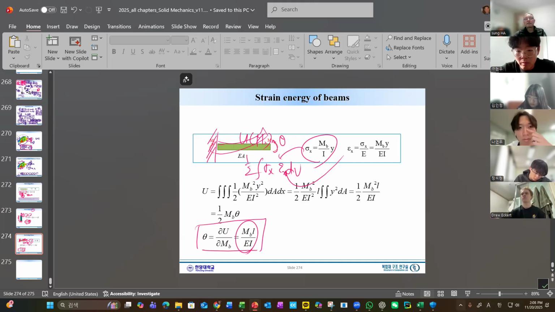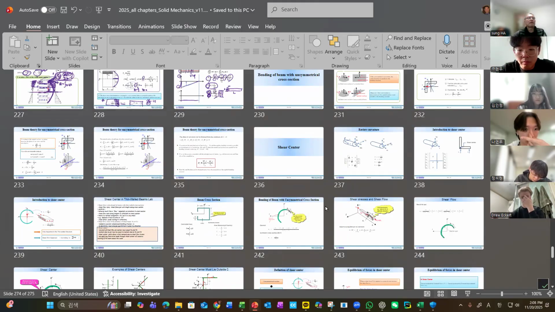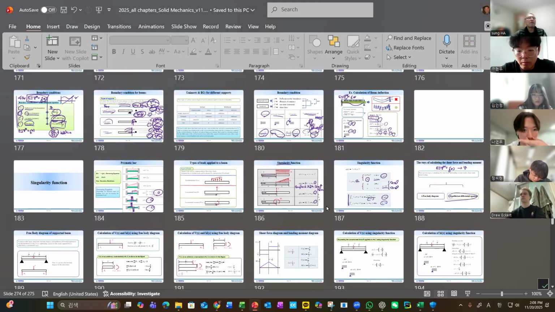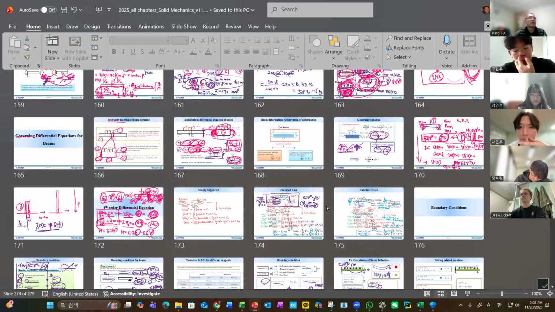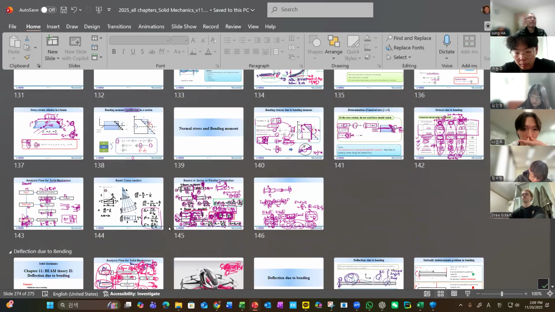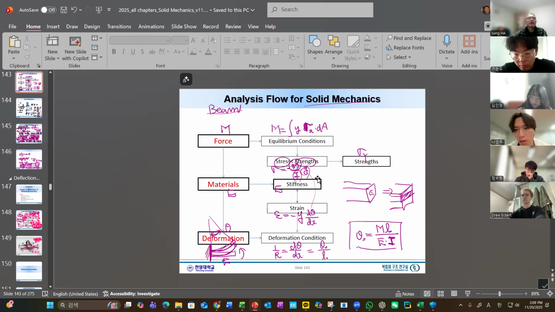I just like to remind you that this is the bending. When we started the bending moment and stress, we already knew these equations. See, this is the angle we rotate under M. When we derived this one, we went through all different steps and procedures.